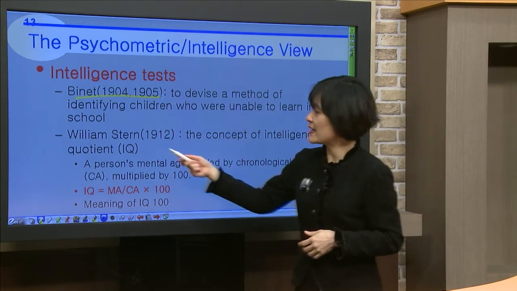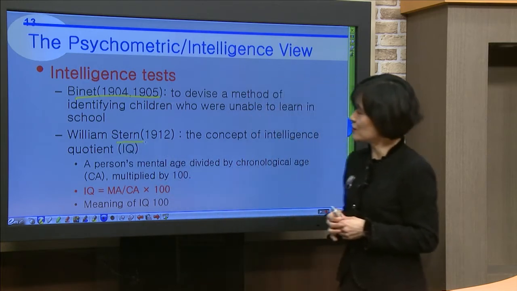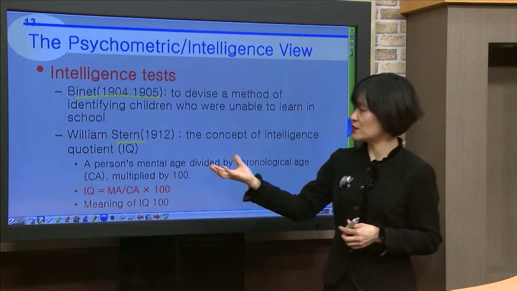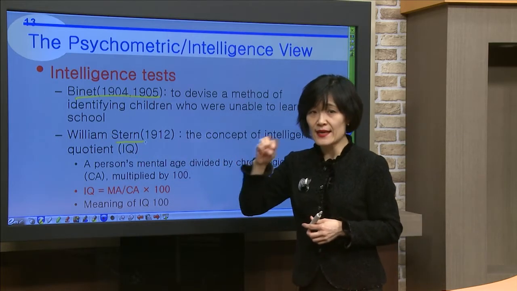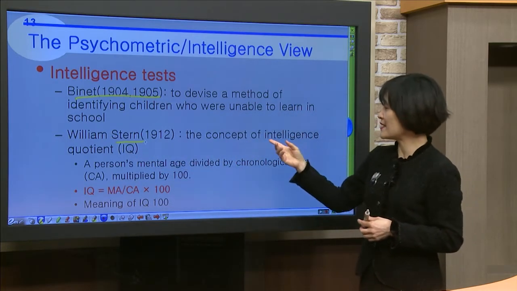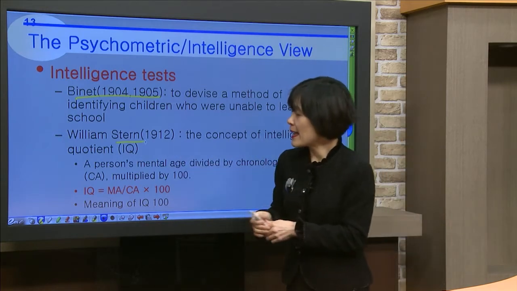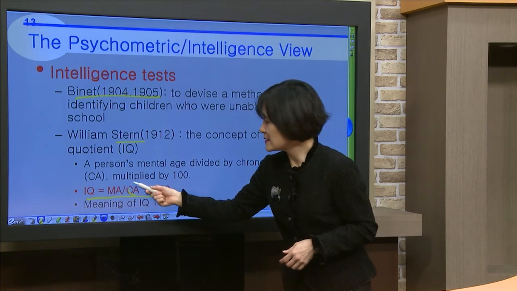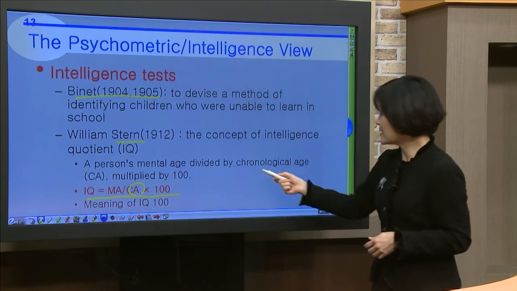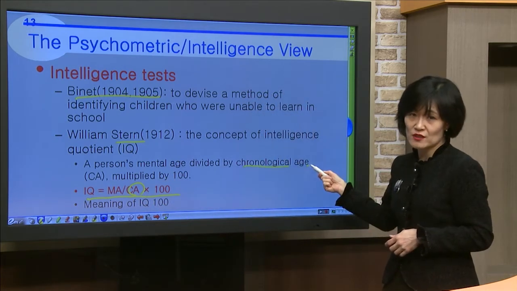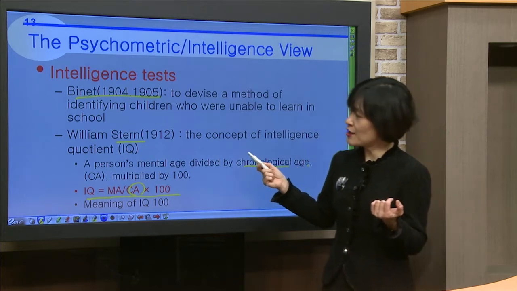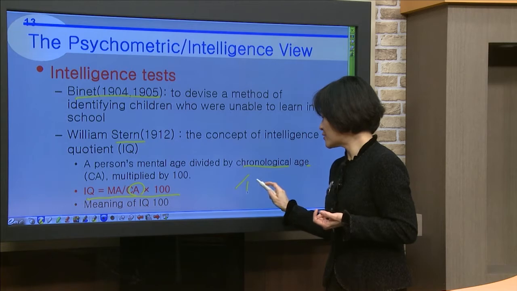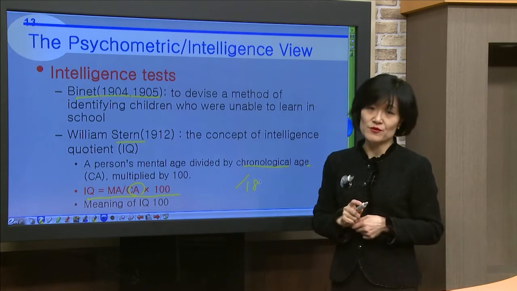And then after that, William Stern made the concept of the intelligence quotient, that is IQ. That is the abbreviation of IQ, the intelligence quotient, and this is a formula. CA is chronological age. For example, if you are 18 years old, then that is your chronological age.